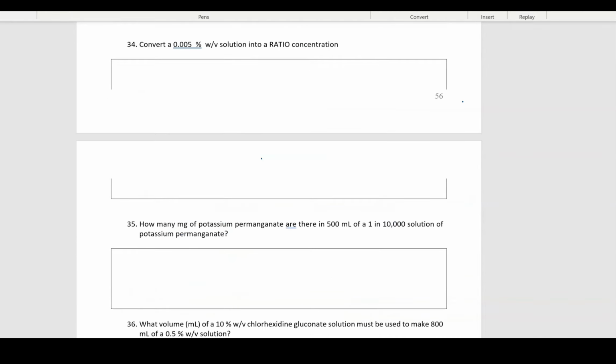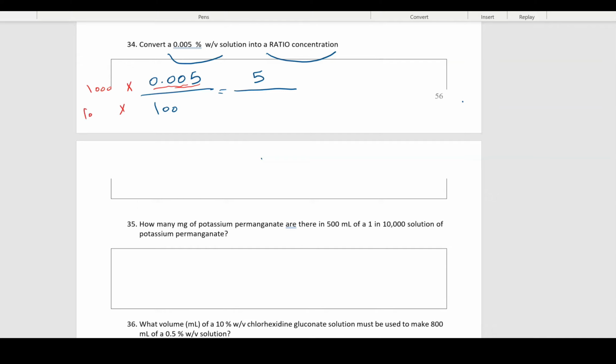Now convert this percentage concentration to a ratio. First of all, I'm saying that 0.005 in 100. So I just want to get rid of the decimal part. I have to multiply the numerator by 1,000, so that would be 5.